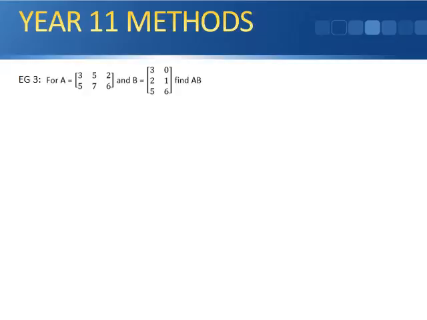Example 3. For A equals that and B equals that, find AB. Okay, so let's quickly do that. Again, always write the AB and now fill in what each matrix represents so that the examiners are able to see what you are doing. 3, 2, 5 there, 0, 1, 6 there. This time I'll write the answers.